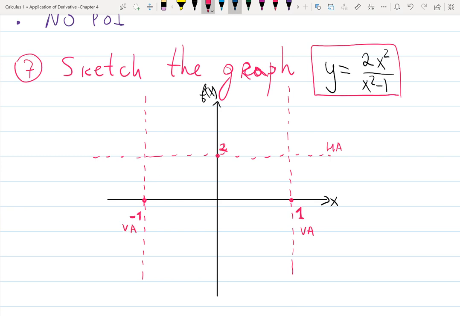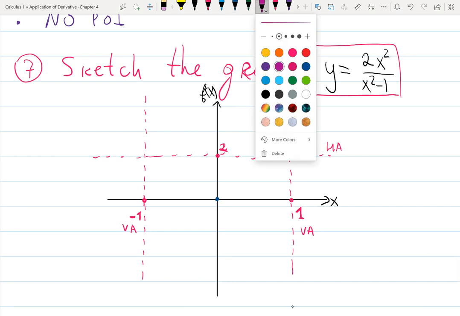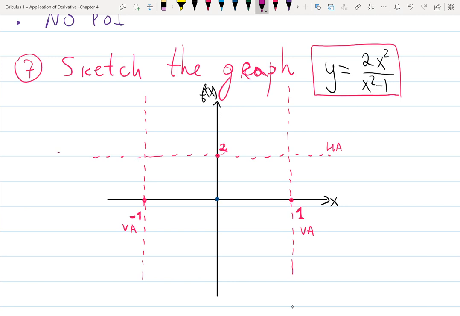Now, we also know that the function touches 0, 0, that's the point of intercepts, symmetrical with respect to the y-axis, so whatever we're going to plot on the left should match with whatever we're going to plot on the right from the y-axis. We found that the function is increasing from negative infinity to negative 1, and it's also concave up. So it's going to go like this.